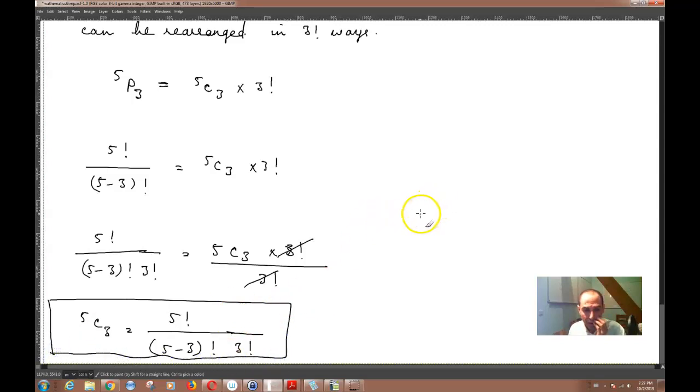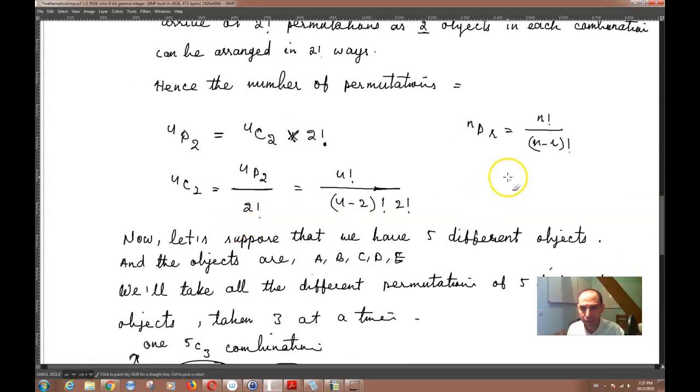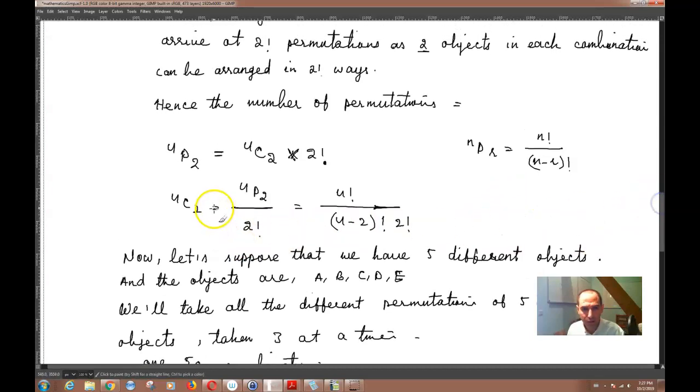So that's basically what we got here. What we got was that 5 combination 3 is the same thing as 5 factorial divided by (5 minus 3) factorial times 3 factorial. And over here what we got was that 4 combination 2 is the same thing as 4 factorial over (4 minus 2) factorial times 2 factorial.